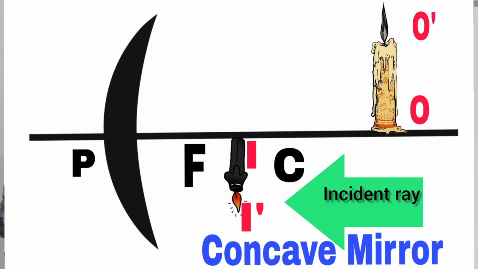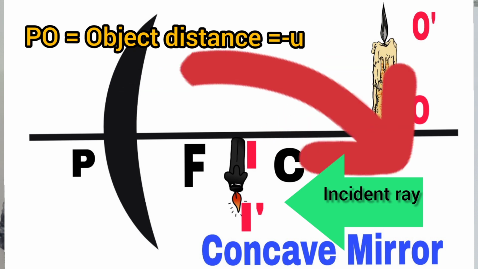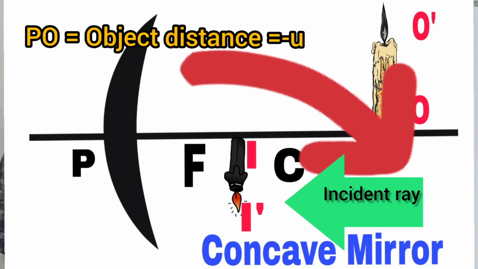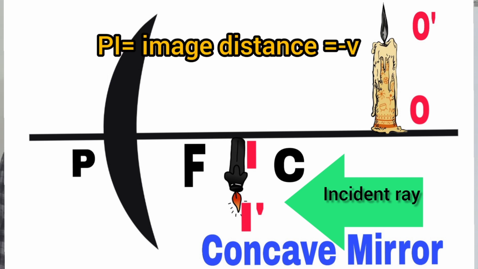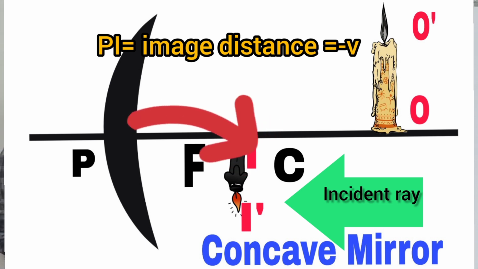Now I am going to measure the object distance u. From the diagram, the object distance is PO. You should start from P and move towards O. That implies the object distance is negative. In a similar way, I am going to measure the image distance PI. You should start from the pole and move towards I, which is opposite to the incident ray.